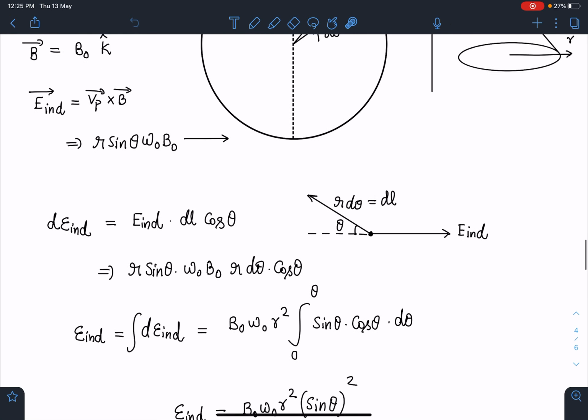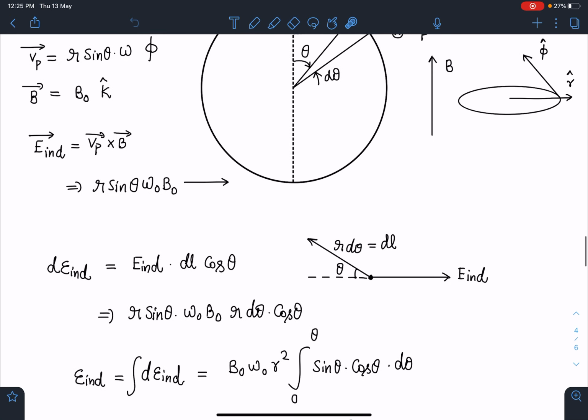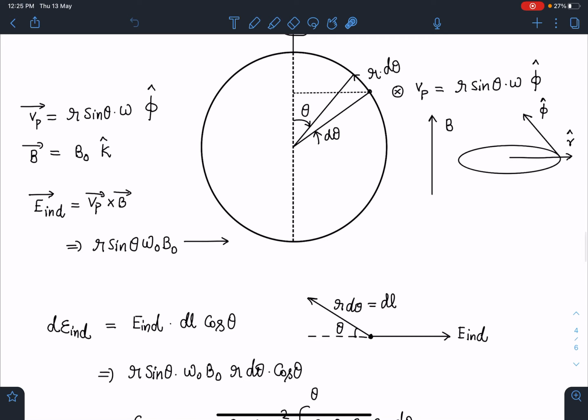Now due to this part, you can see the orientation of this dl vector is somewhat like this. So dl is in this direction, and E vector field is this side. So due to this length, EMF will generate, and in this vertical part, there will not be any EMF because the field is perpendicular to this.